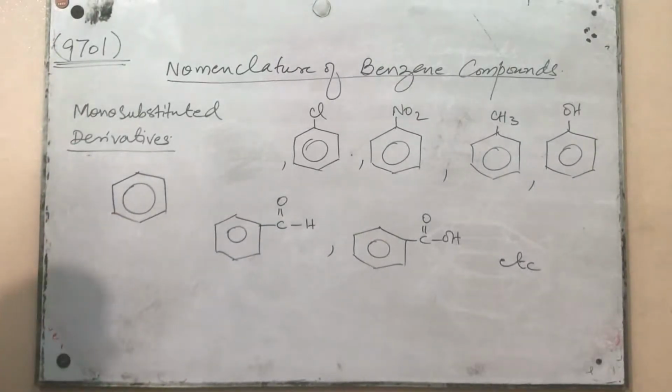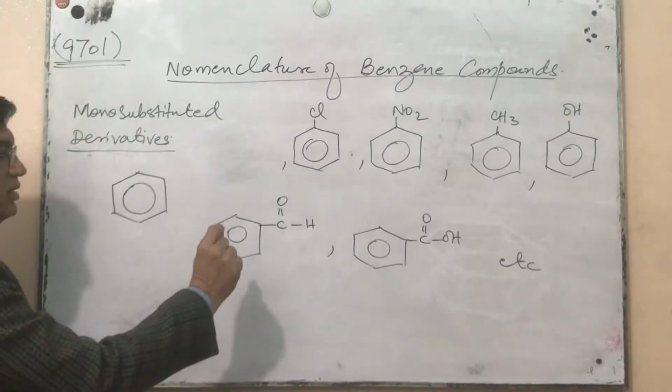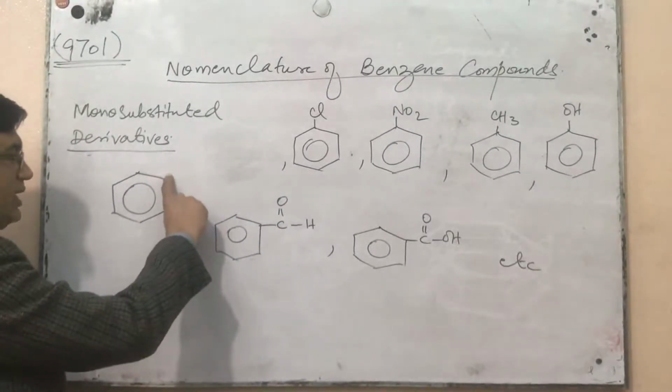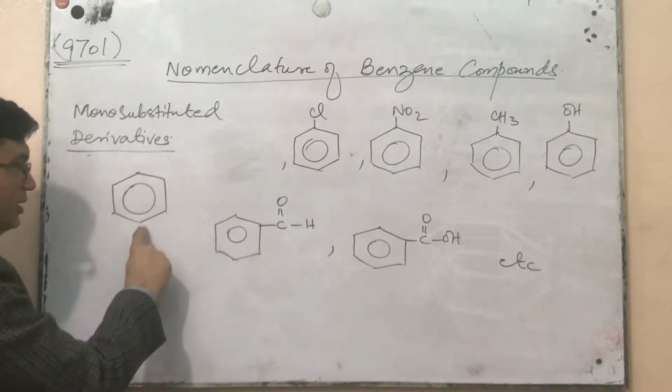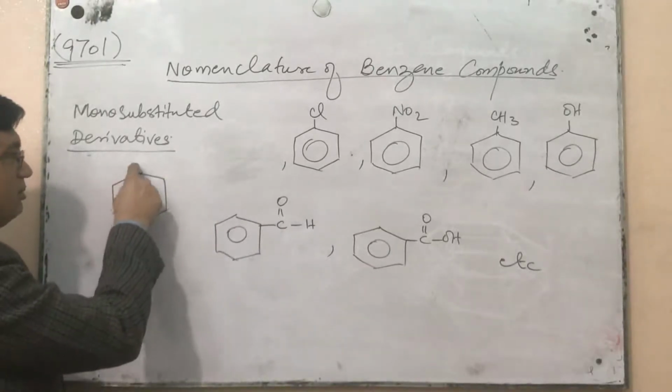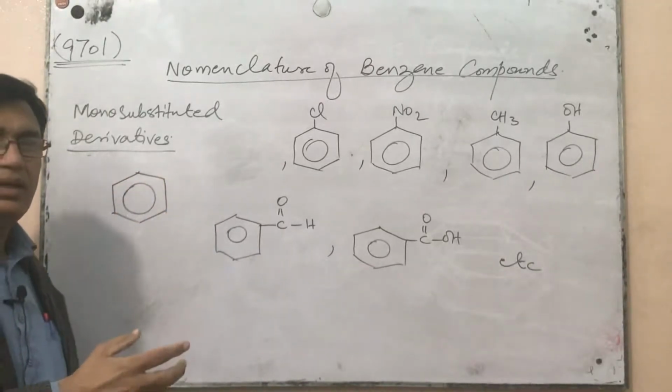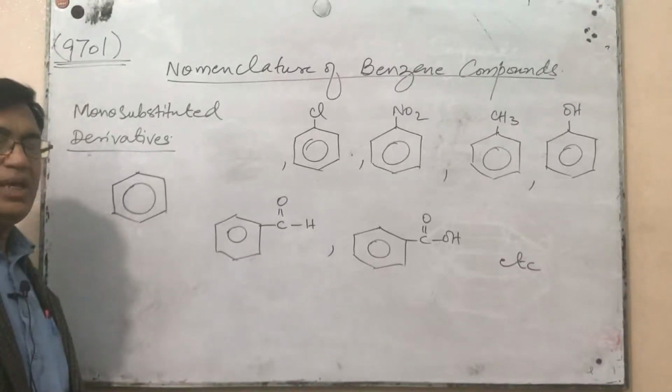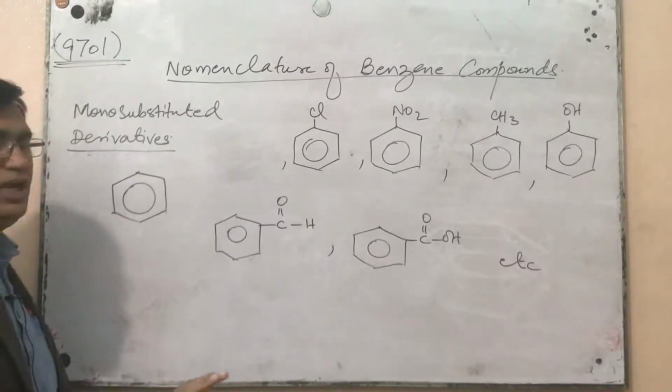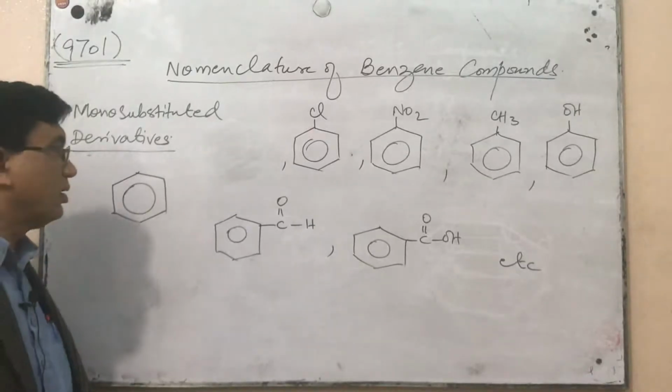This means that the atom or group of atoms attached to any one carbon atom of benzene, its properties and its IUPAC name will remain the same.